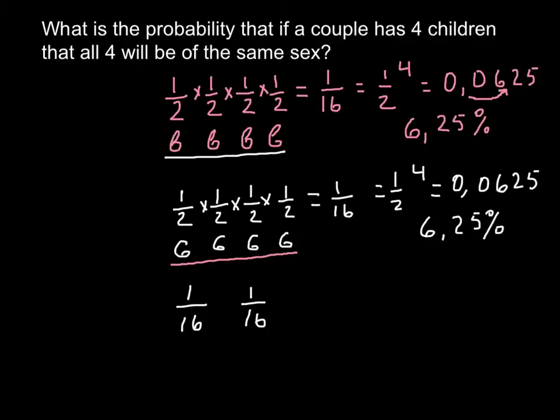So in this case, when we have exclusive probabilities, we have to use the rule of addition. Here should be a plus sign, and here we are going to get 2 over 16, or we can simplify it to 1 over 8.